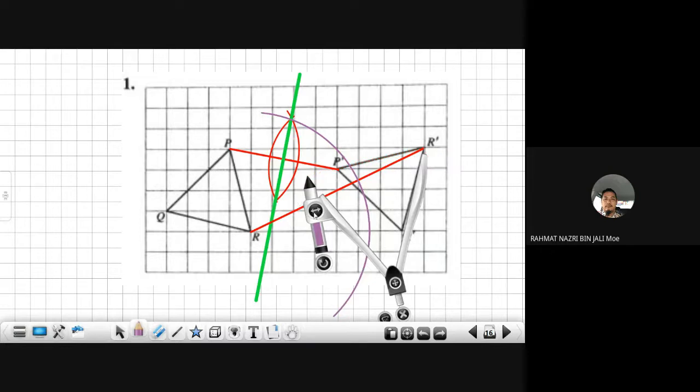Okay, the same opening as before. The same opening, 8.2.